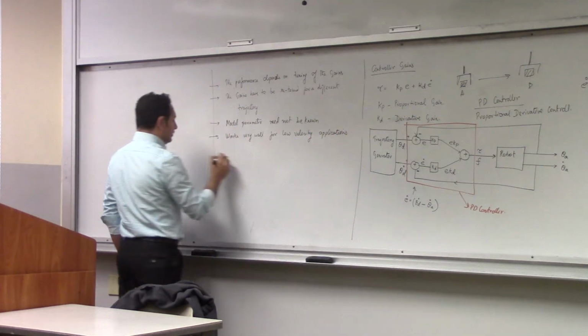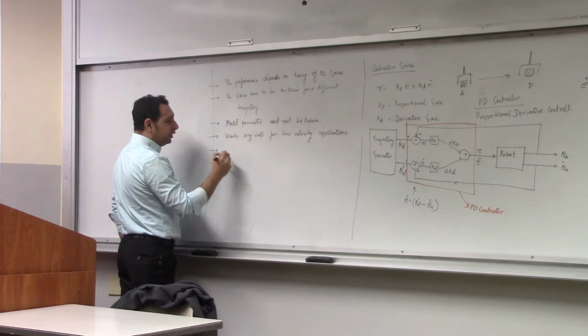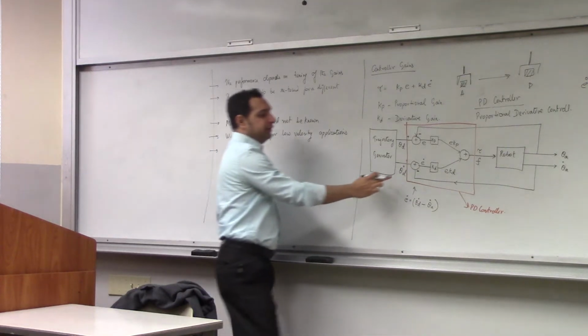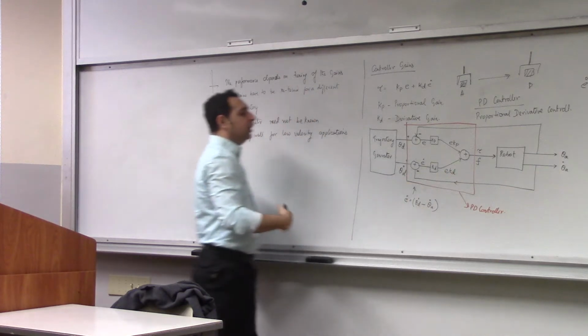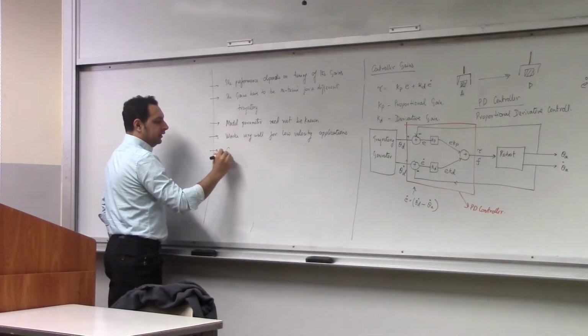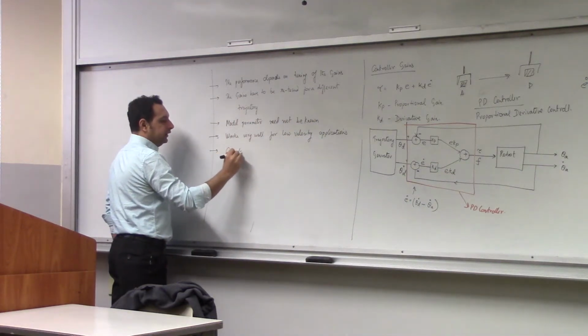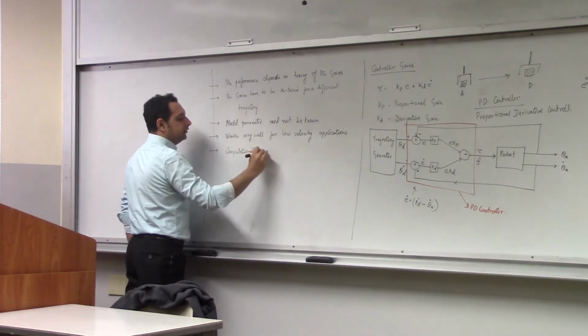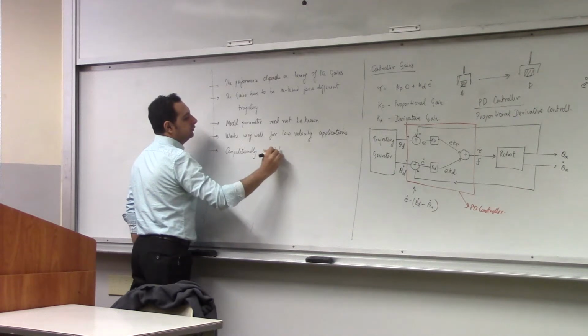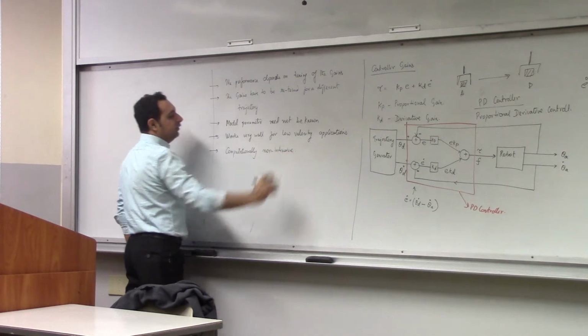Secondly, you don't need a lot of computation. All you're doing is subtracting, multiplying by the gain, and then adding it. So it is computationally non-intensive, which means it does not involve a lot of computations.